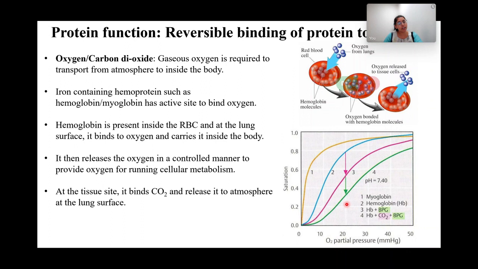Okay, the next kind of interaction, or the next function, is cell surface receptor. This we had discussed in the previous sessions. So these are proteins again present on the cell surface in the form of receptors, and they will interact with molecules present in the extracellular matrix. We have told this not only on the extracellular surface, but they can also interact with the proteins which are present on the intracellular membrane or intracellular location.